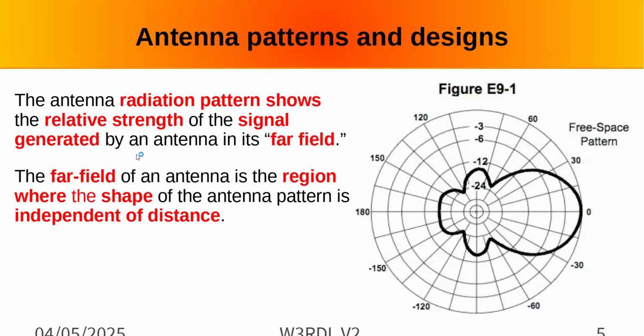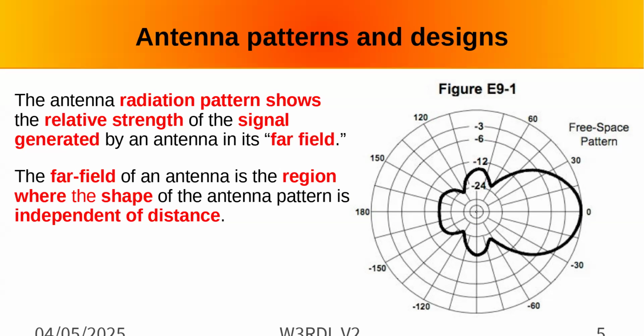And these patterns are done in what they call the far field. When you're up close to an antenna, you can't really measure the pattern. There's just too much stuff going on. So you have to get to a point far enough away where the pattern is consistent and doesn't change with distance.